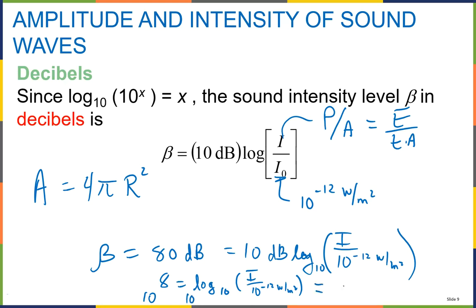So what I get is 10 to the 8th is equal to I divided by 10 to the minus 12 watts per meter squared. Now it's simple. Multiply both sides by 10 to the minus 12. 10 to the 8 times 10 to the minus 12, you add those exponents, you get 10 to the minus 4. And so the intensity would be 10 to the minus 4 watts per meter squared.